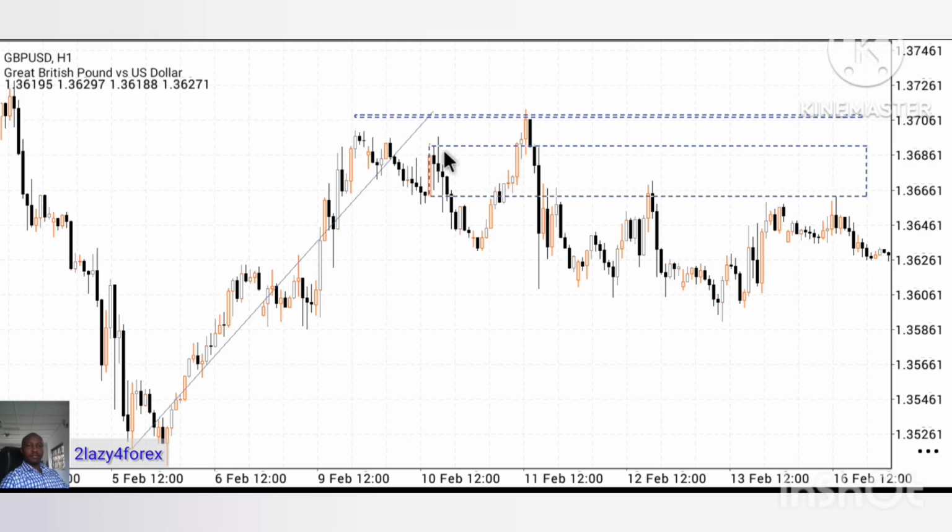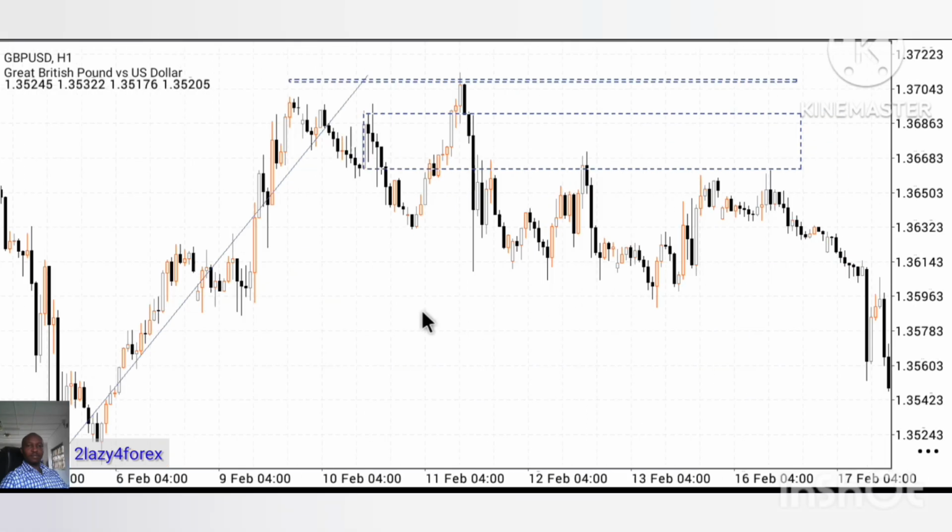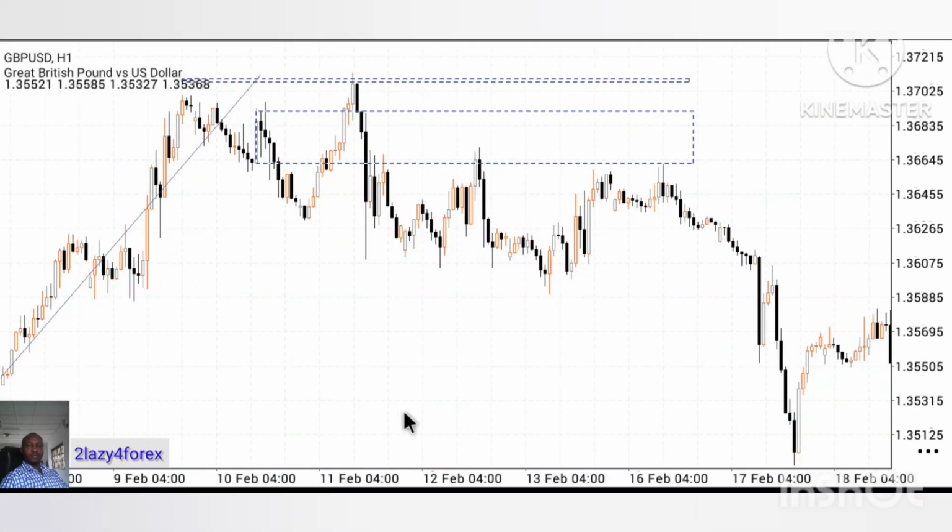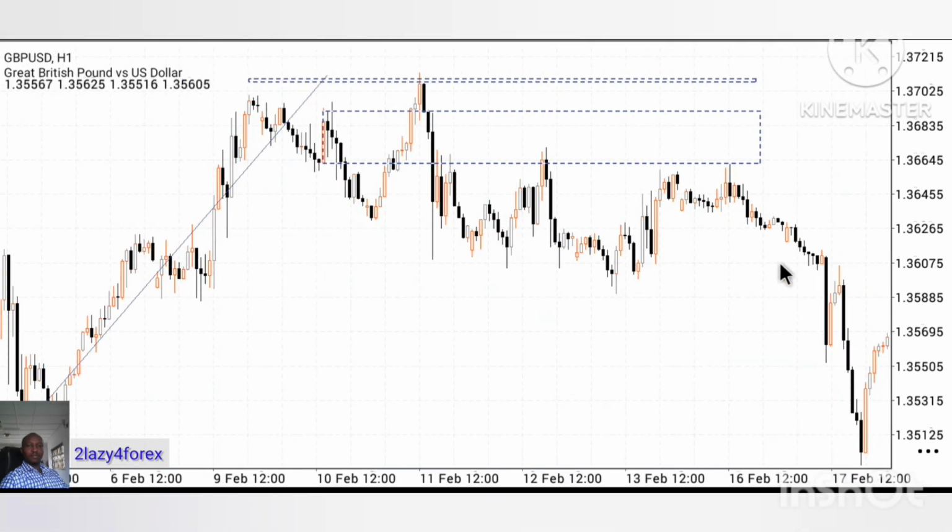But since I know I'm very correct, I'm sure of this thing. Once there's a lower low here, at the retest of this, I would have entered back because I'm very sure of that spot. I would enter back and look at what happened. Look at where price came to.